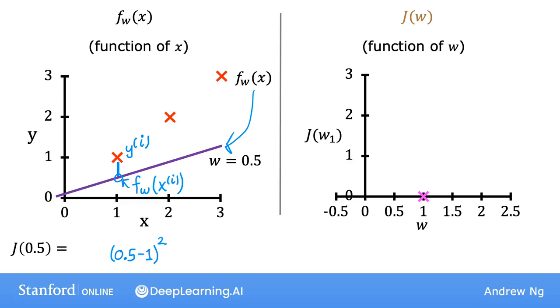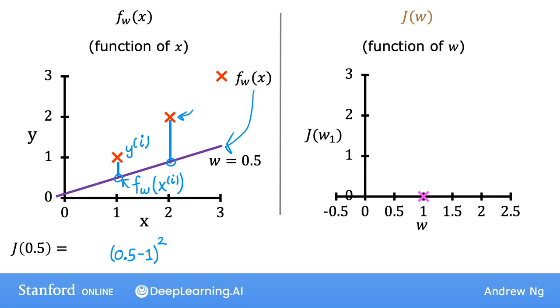Remember, the cost function will sum over all the training examples in the training set. So let's go on to the second training example. When x is 2, the model is predicting f of x is 1. And the actual value of y is 2. So the error for the second example is equal to the height of this little line segment here.